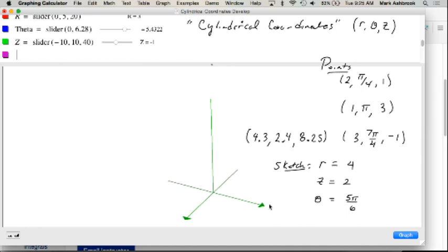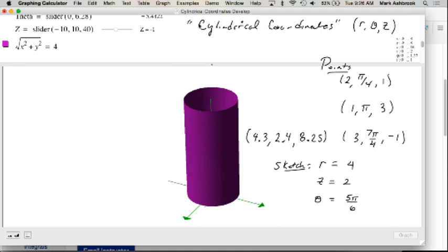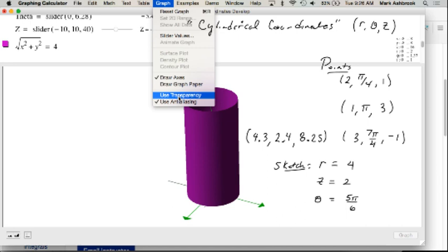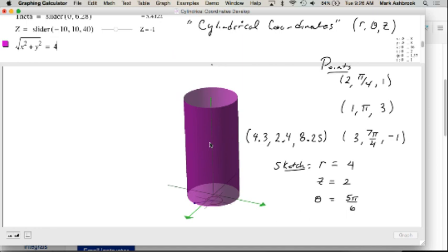Square root of x squared plus y squared, I want that to equal 2 or 4? 4. This is R, right? Square root of x squared plus y squared is R. And we want R to be 4. So that's R equals 4 in cylindrical coordinates.